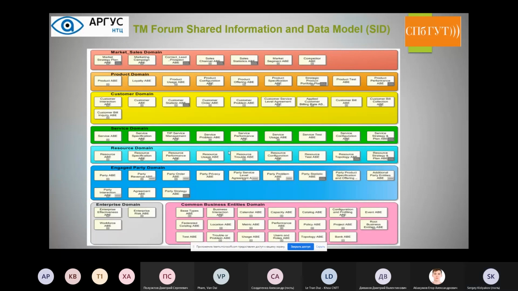And it was needed to build our new cross-domain model, and I will try to explain the idea. A considerable number of target management models have already been developed, for example, this one within the NGOSS framework concept.